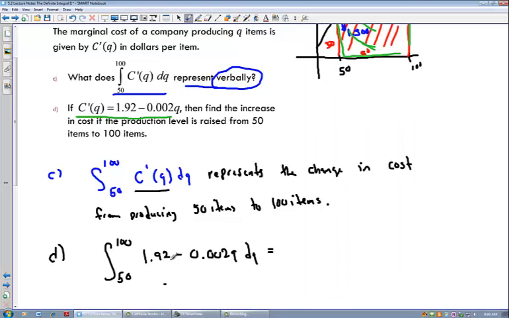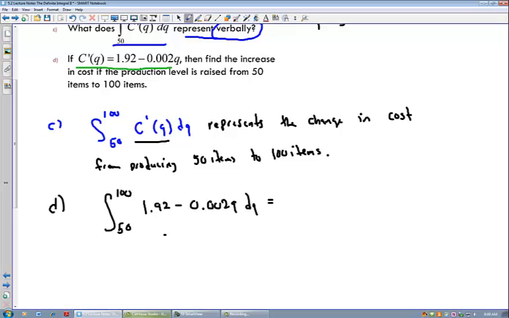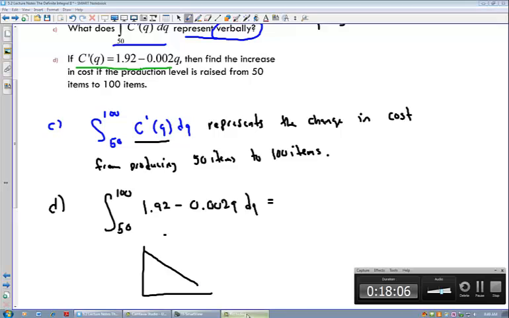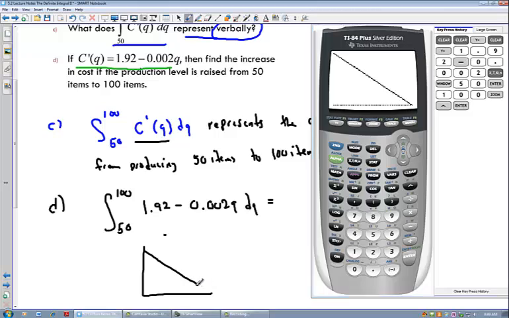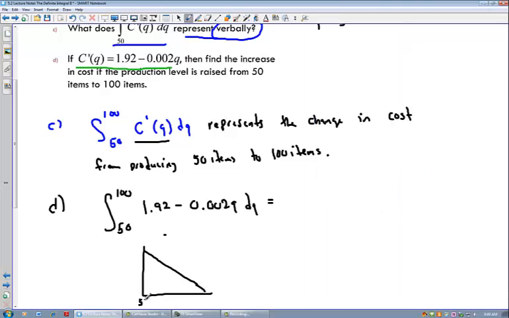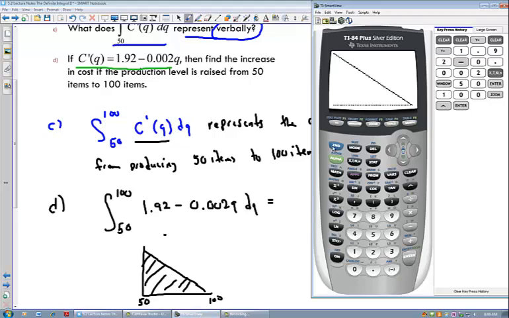And it's going to give you a nice looking graph, and we can copy down the graph here if you want. So the graph starts up here and goes down here. And it goes from 50 to 100. And you want to figure out the area underneath the curve because that's what the definite integral gives us. I say integral, you say area. So on your calculator, you simply hit second trace. It goes to the calculate menu.